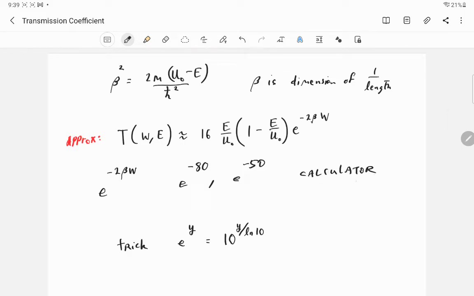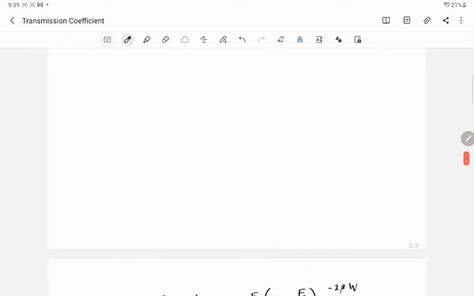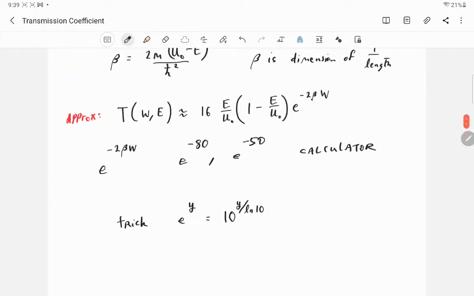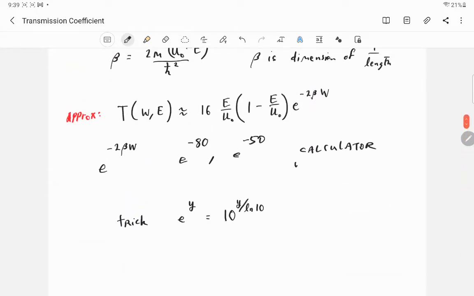If you want to actually calculate values, have numbers show up that you can understand, your calculator will not help. That is, your calculator cannot tell you the difference between e to the minus 80 and e to the minus 50, even though they're incredibly different. E to the minus 80 is much smaller than e to the minus 50.